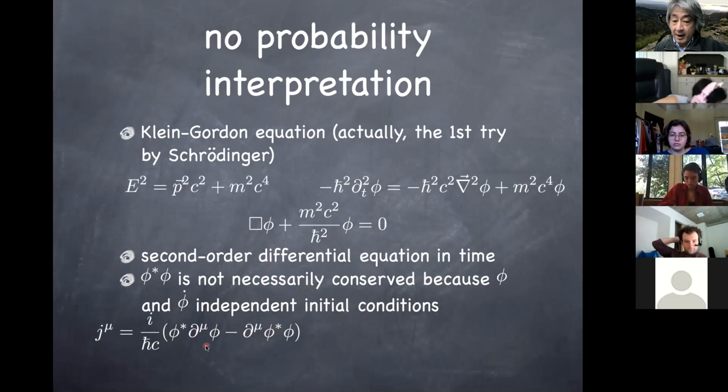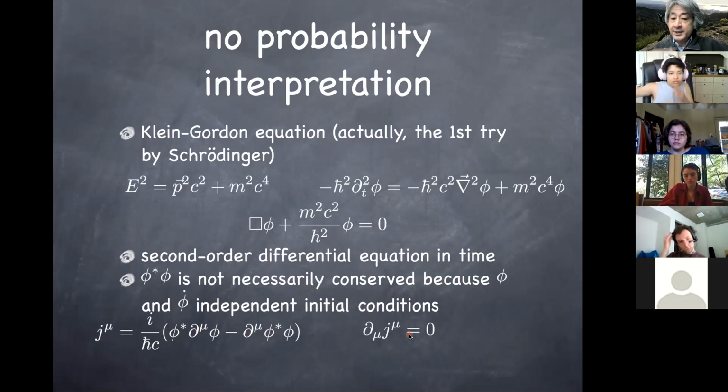So it doesn't qualify as a probability density. It's conserved, that's good, but it's not positive definite. For charge density, it's okay, but for probability density, it's not.